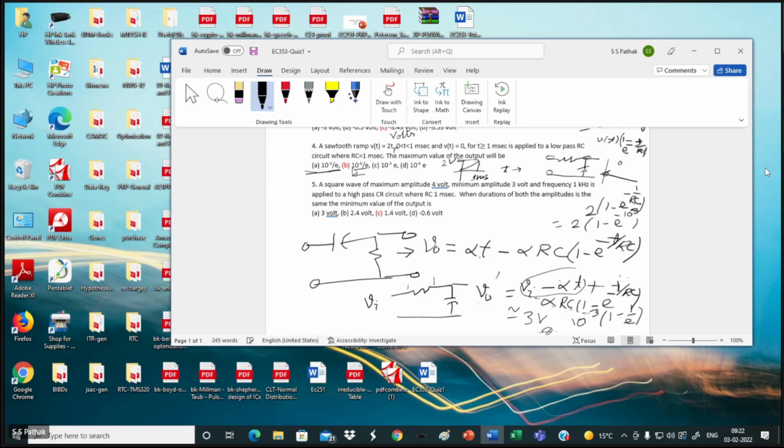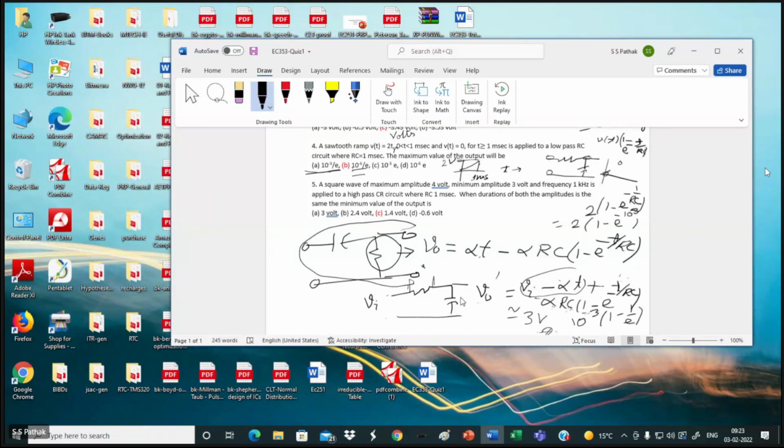Could I answer question 4 for everybody? Any doubt? To find the voltage across R, I have to go for the Thevenin's equivalent circuit. I have made the circuit like that.